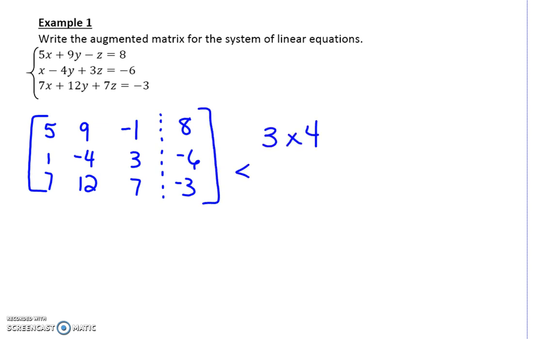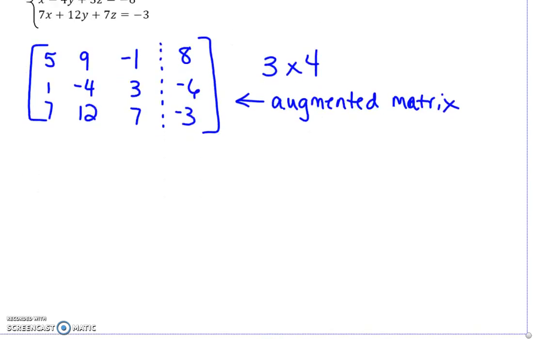And this is what's called the augmented matrix, because of that dotted line that shows what those expressions are equal to. The coefficient matrix would just be the beginning part of it without the equal column.